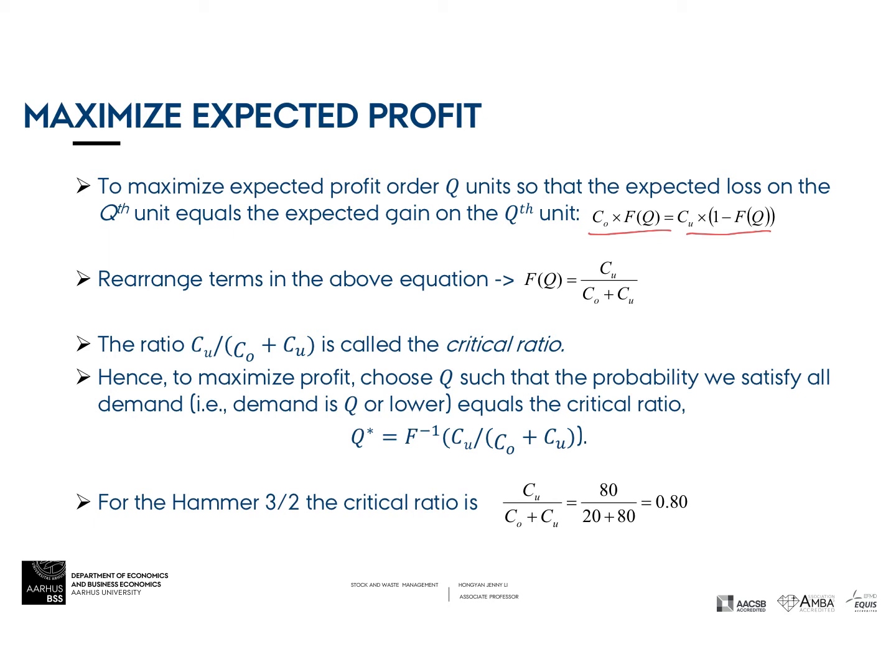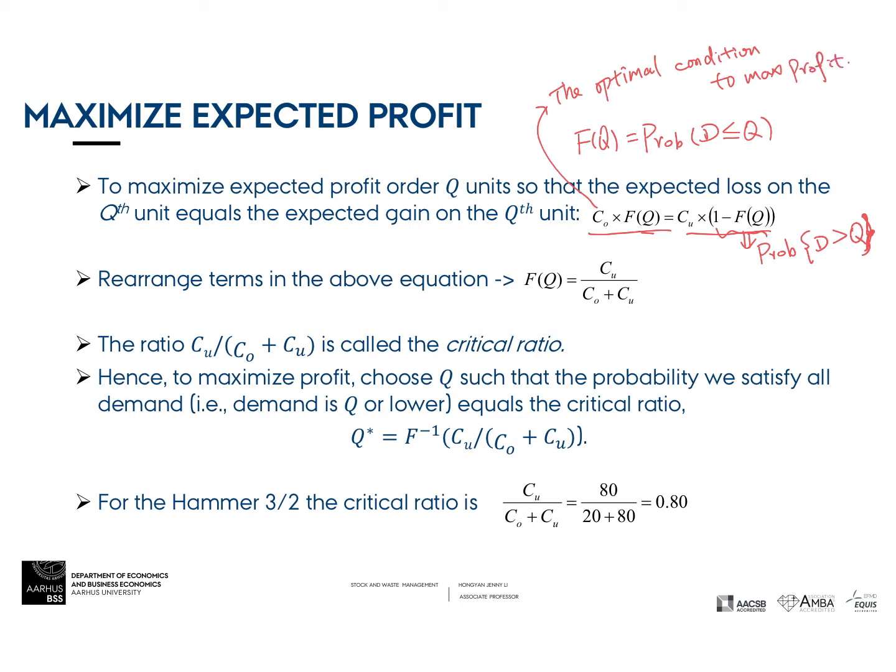The F(Q) we mentioned previously is the probability of the demand being less than or equal to Q. Then 1 minus F(Q) is the probability of demand greater than Q. That is how we solve this problem to find the optimal Q. This is called the optimal condition to maximize the profits.